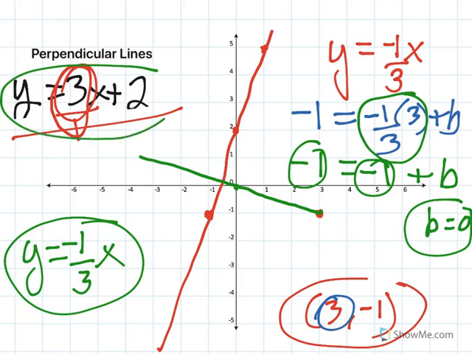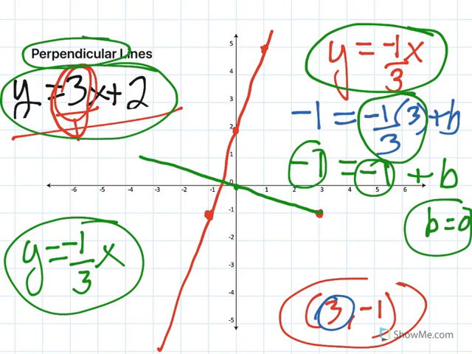You have your original line, you have your first half of the new equation by doing whatever you need to do with the slope. In this case, because it's perpendicular, you have to flip the fraction of this slope here, so it becomes 1/3, and change the sign so it's negative 1/3.